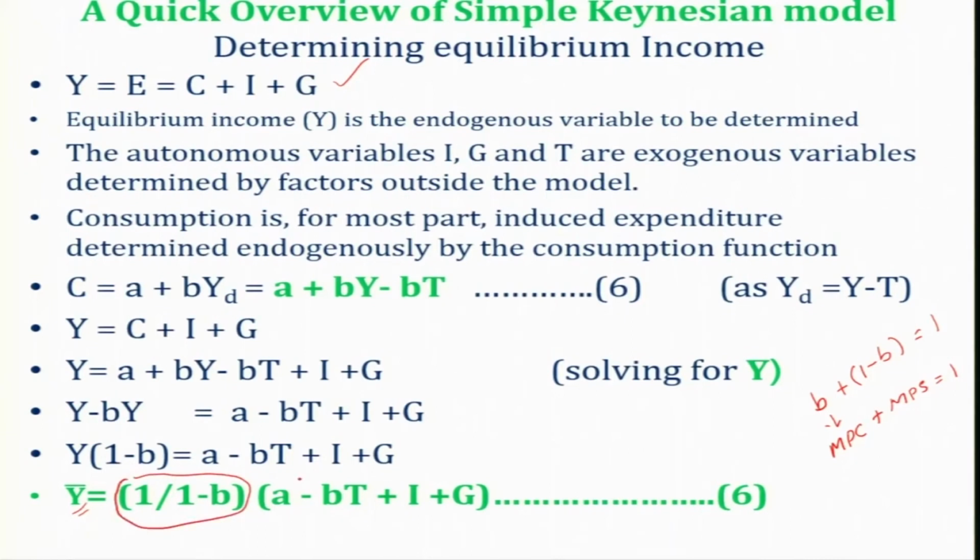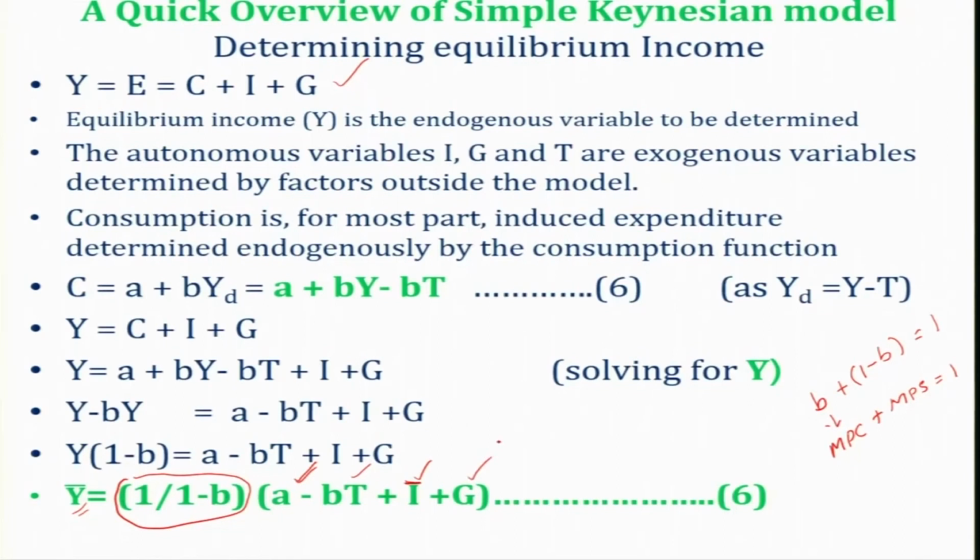On the right hand side, these are all the autonomous variables. A is the intercept: even when the income is 0, there will be some level of consumption, denoted by A. T is tax, I is autonomous investment in the simple Keynesian model, and G is government expenditure.